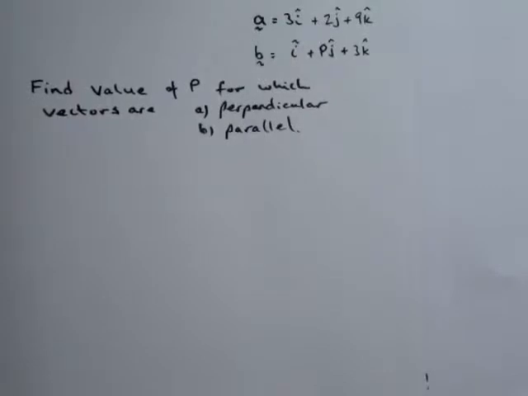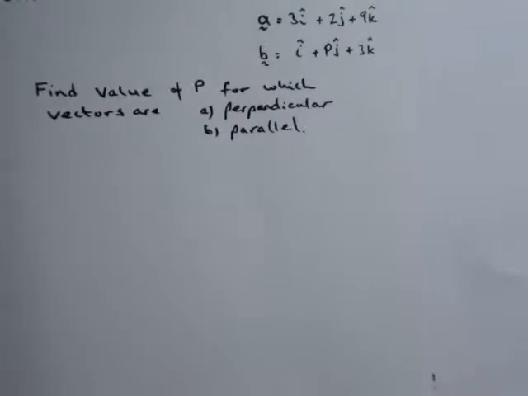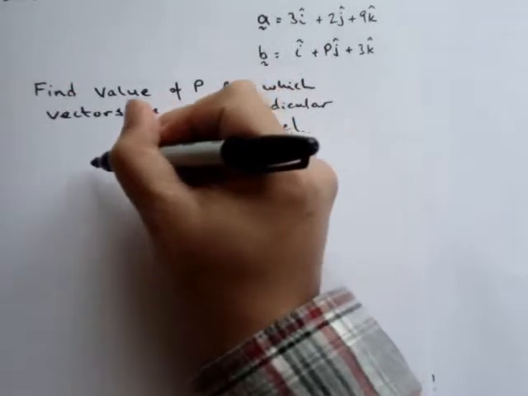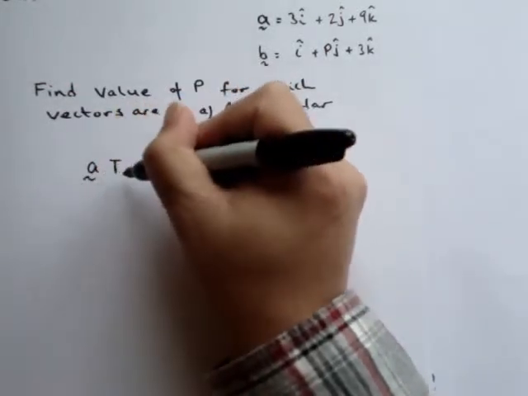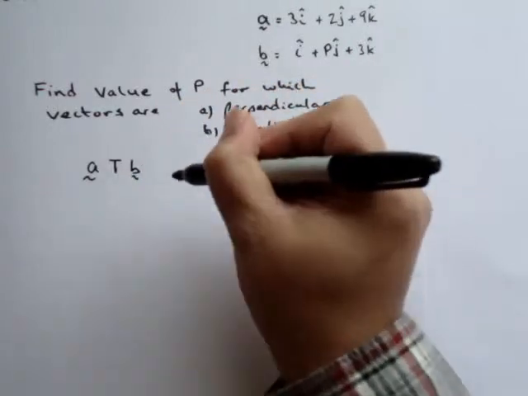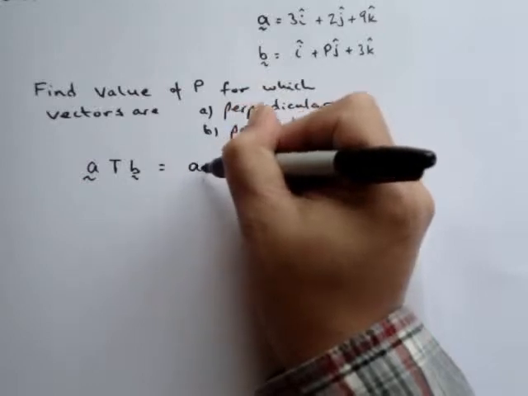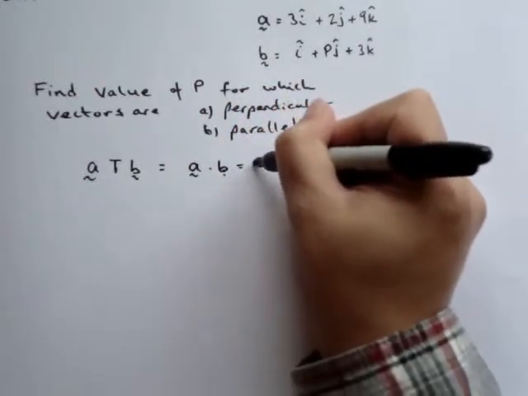In this example, we're asked to find the value of p for which the direction vectors a and b are firstly perpendicular and then parallel. So for a and b to be perpendicular, then our dot product, which is a dot b, has to equal 0.